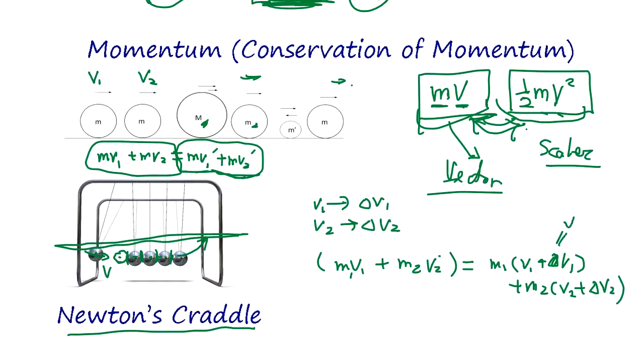We can write this as m1 v1 prime plus m2 v2 prime.